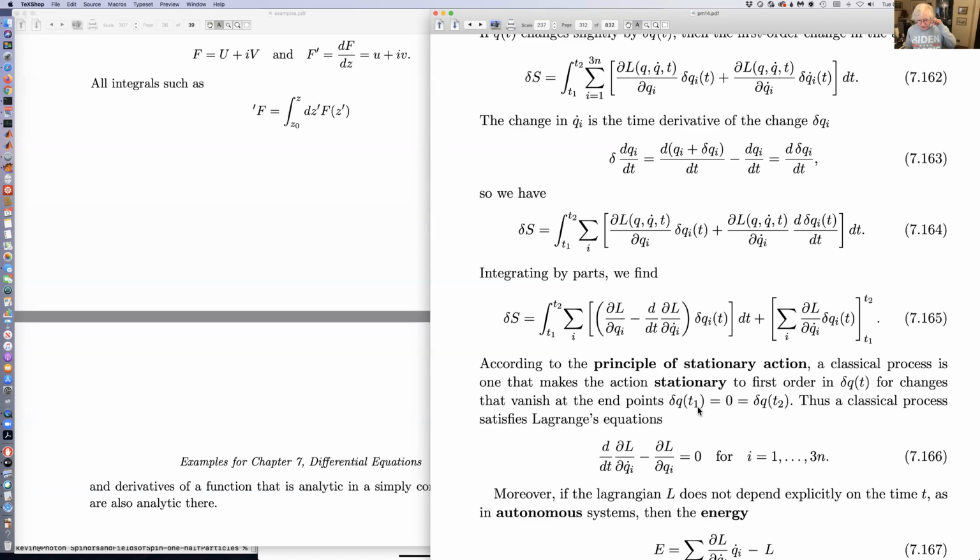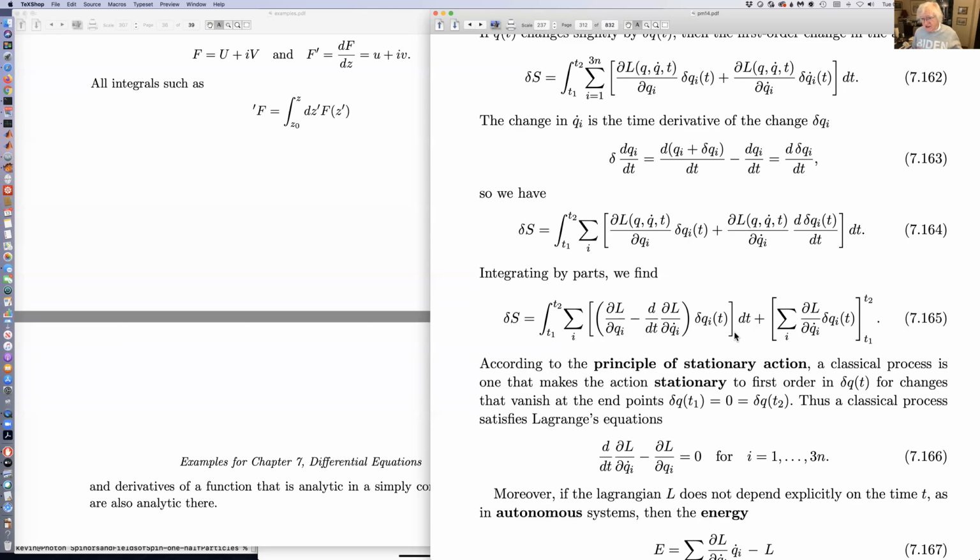You just vary how you get from start to finish. In that case, the principle of stationary action says that the first order change in the action for small variations of the process that don't change the endpoints vanishes.